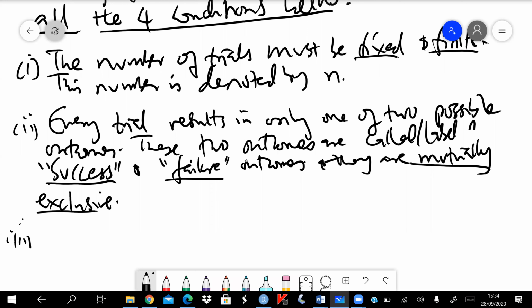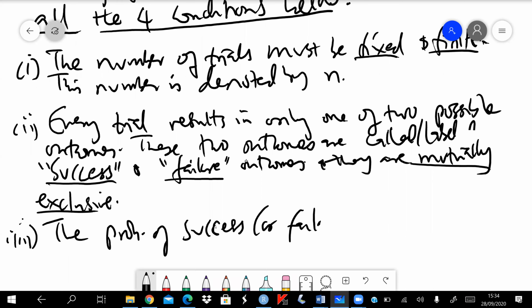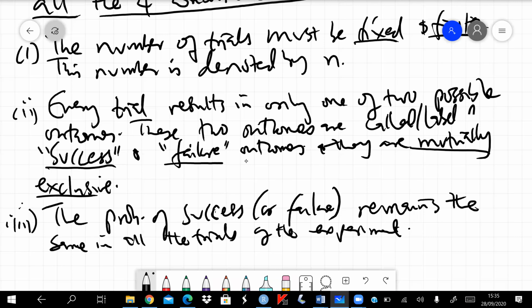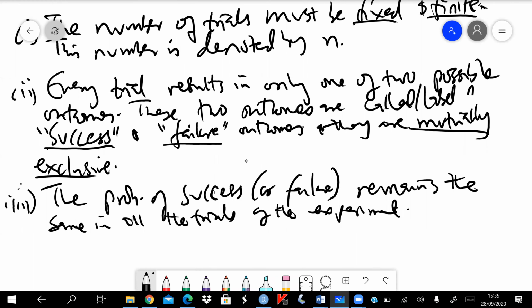Number 3, the third condition that must be satisfied is that the probability of success or failure remains the same in all the trials of the experiment.